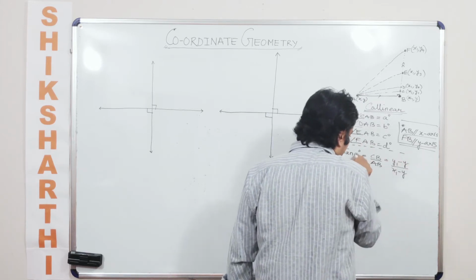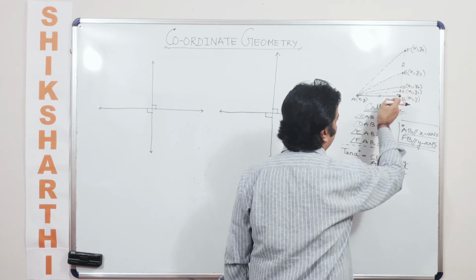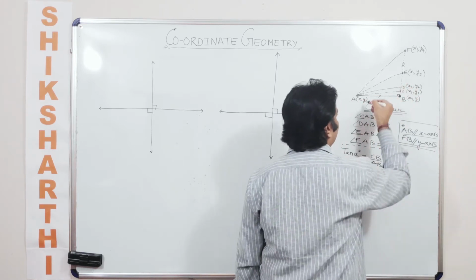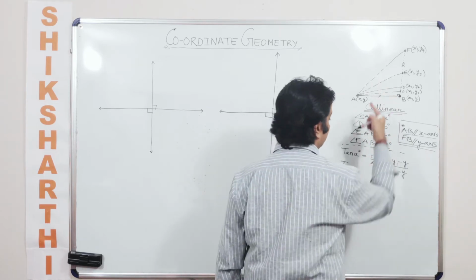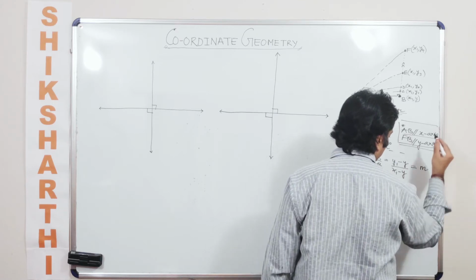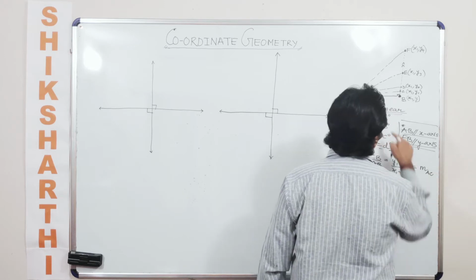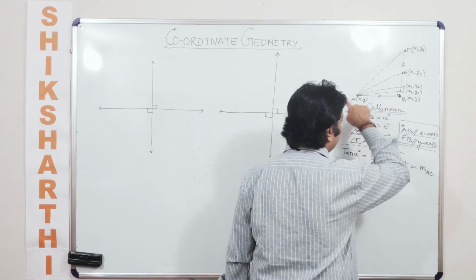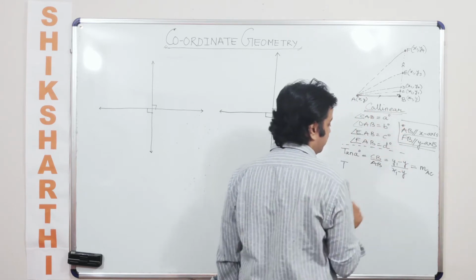Now this is the rate of change. Tan theta is the rate of change, which is perpendicular upon base. This gives you the slope of the line. So we are talking about the line AC. Let's say slope is denoted by m for the line AC, and the line AC makes an angle A degrees with the line BC.